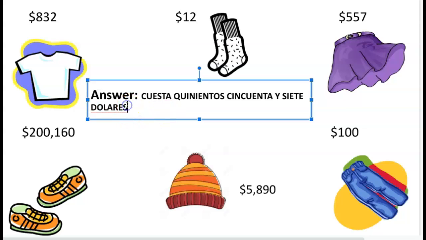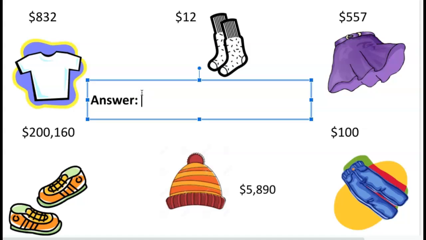Just one skirt. Coming on down to our super high-end shoes. More than one. So what question did you use? ¿Cuánto cuestan? You are right. ¿Cuánto cuestan? ¿Cuánto cuestan los zapatos? Both are awesome. And the answer, cuestan. I'm back to the super large.